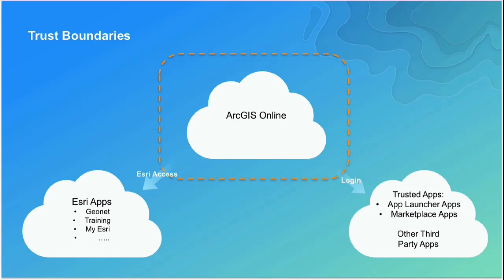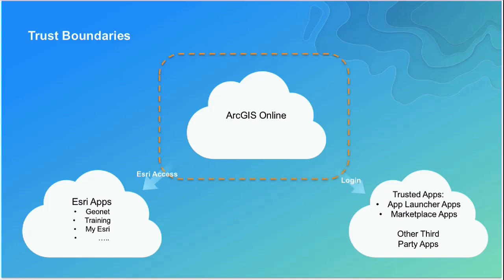We just introduced, I believe in the December release, the concept of more trusted apps where we don't ask for that confirmation. There is something called an app launcher now in ArcGIS Online that the administrator can configure with apps they want their organizational users to use and see, and it lives up on the toolbar.